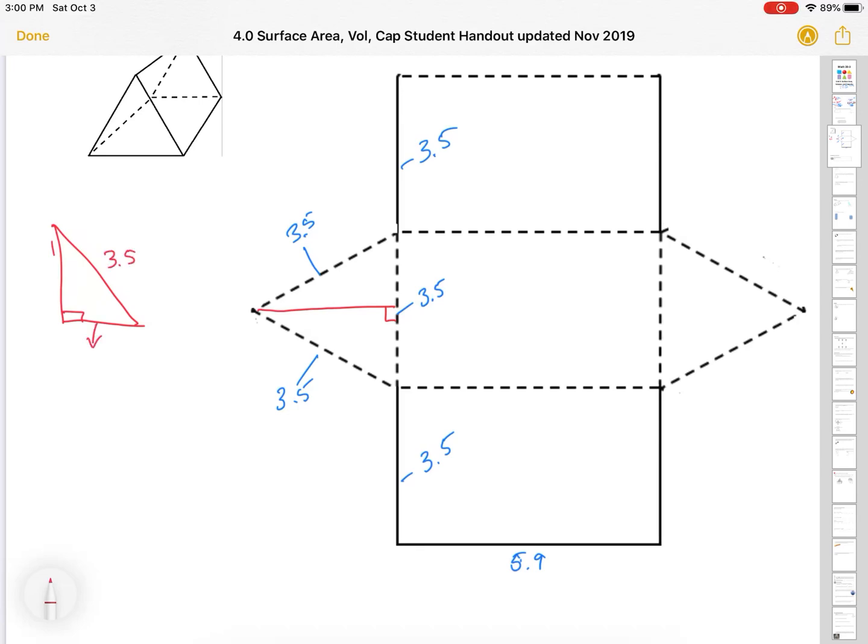This is 1/2 of 3.5, so it would be 3.5 divided by 2, which is 1.75. But I want to find that height there. X is equal to the square root of 3.5 squared minus 1.75 squared. X is equal to the square root of 9.1875.